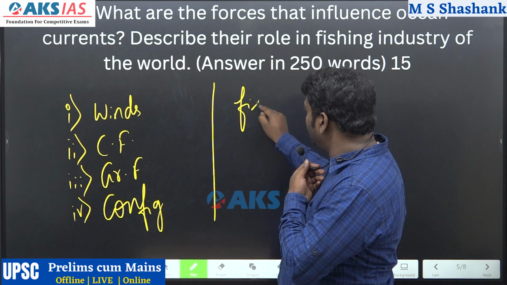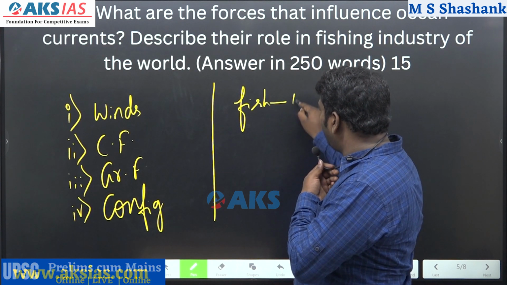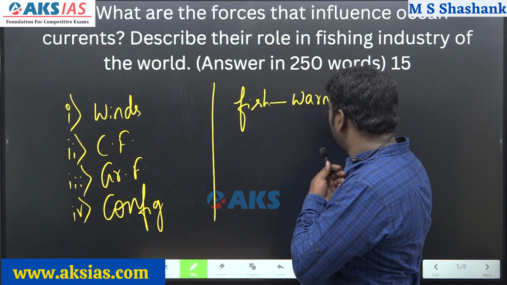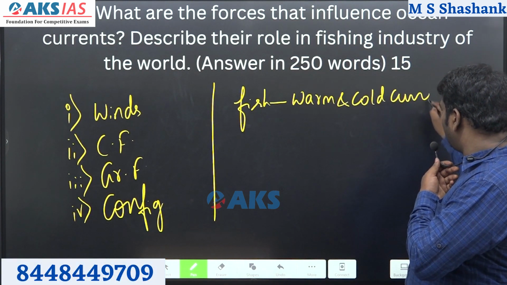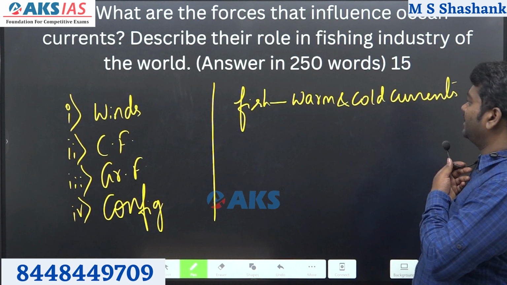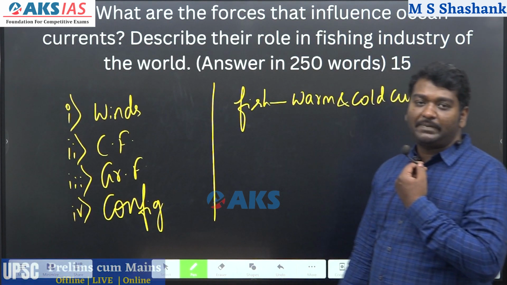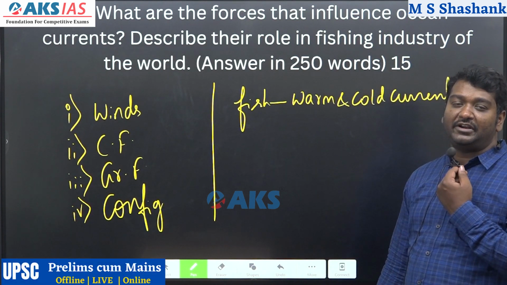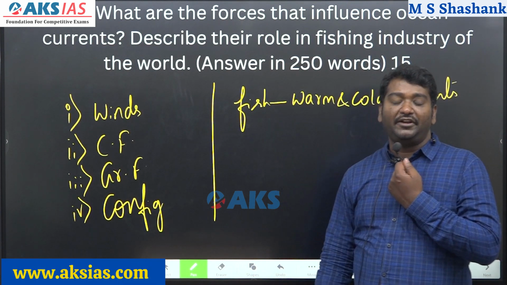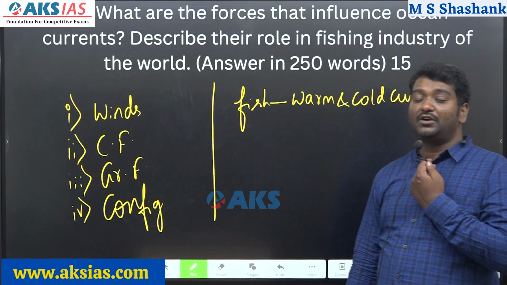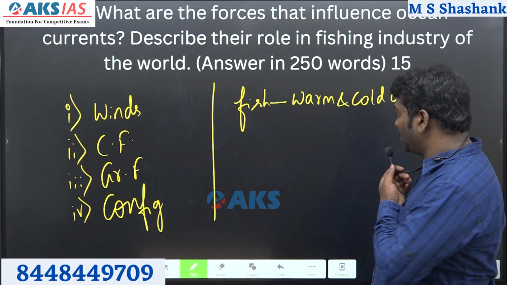So it's very simple. Wherever warm and cold currents converge, it is good for fishing. Give examples, draw diagrams, Labrador current and Gulf Stream, Falkland and Brazilian current. And you also need to talk about the third most important thing, Kuroshio and Oyashio.